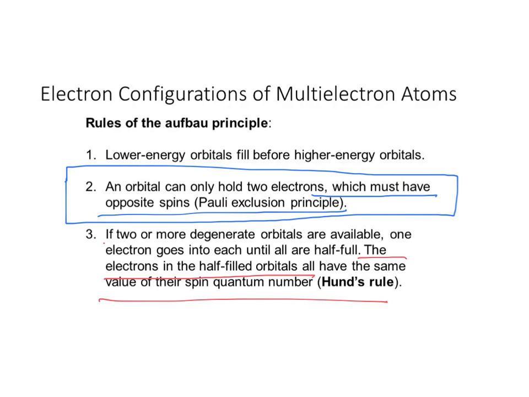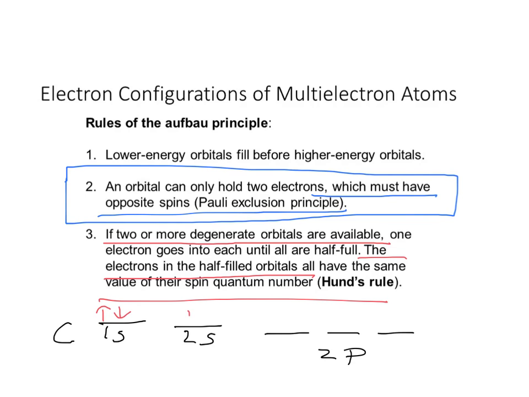It says if 2 or more degenerate orbitals are available, in other words, if we're looking at our carbon example, we've got 3 degenerate orbitals here. 1, 2, 3.